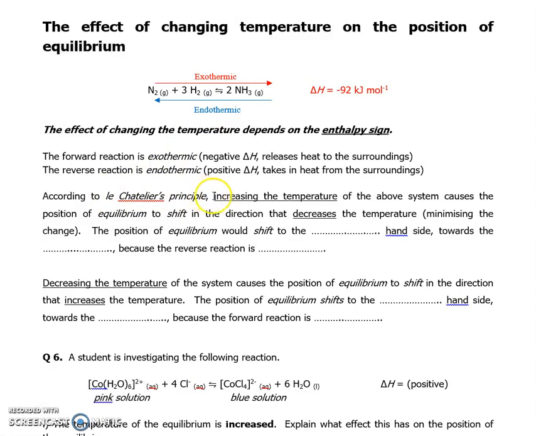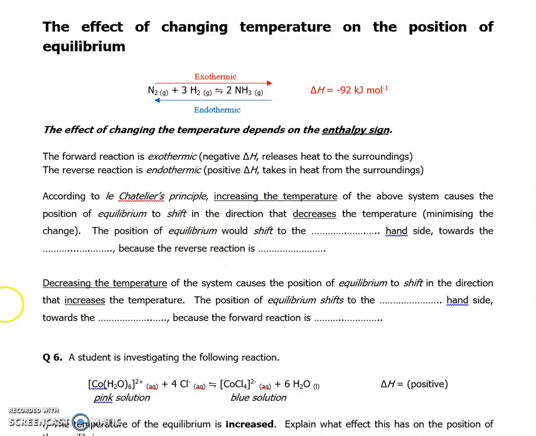So, according to Le Chatelier's principle, if we increase the temperature of the system, the equilibrium will shift to the side that decreases the temperature, i.e., it shifts the reaction in the endothermic direction because that absorbs the heat energy. So in this case, increasing the temperature shifts this equilibrium to the left because the reverse reaction is endothermic.